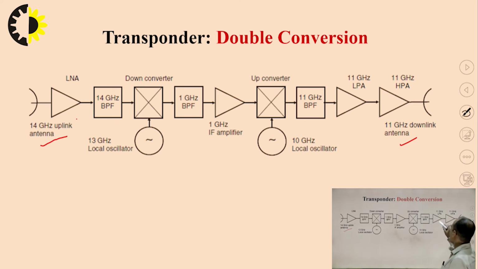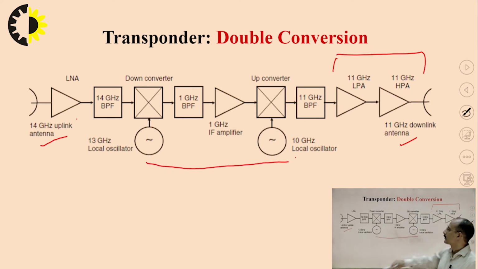For the transmitting end, you are using an 11 gigahertz low power and high power amplifier structure. But in between, you have a 14 gigahertz incoming frequency. Making the complete arrangement for 14 gigahertz is quite difficult for the system.